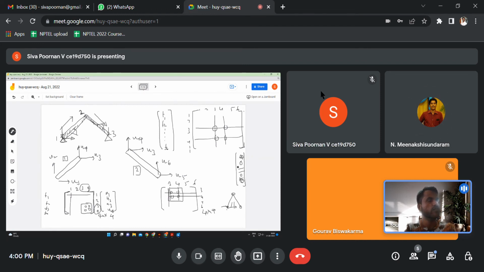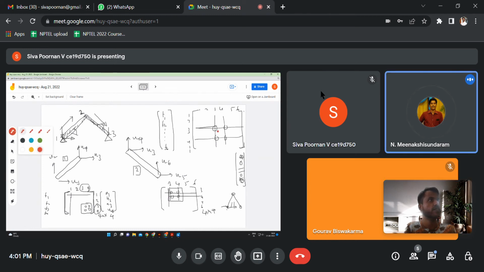So what you need to do is subtract out the rows and columns of all the degrees of freedom for which the displacements are 0. Eliminate those rows and columns and consider only those rows and columns for which the displacements are non-zero. What I mean is whatever I have struck out here in red pen.